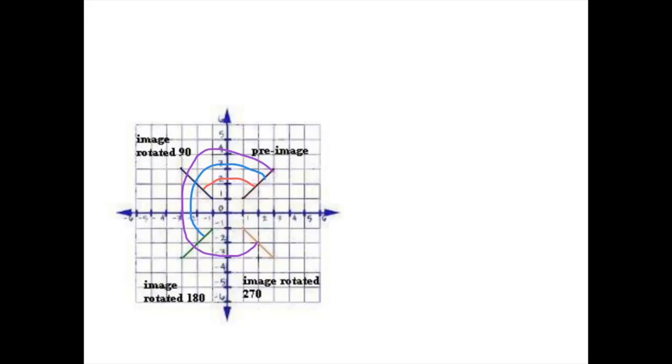A quick note on that, though: rotating an image 270 degrees around the origin counterclockwise is the same thing as rotating it 90 degrees clockwise. So all you have to do is rotate it in the opposite direction 90 degrees, and that's the same thing as rotating it in the original direction 270 degrees.